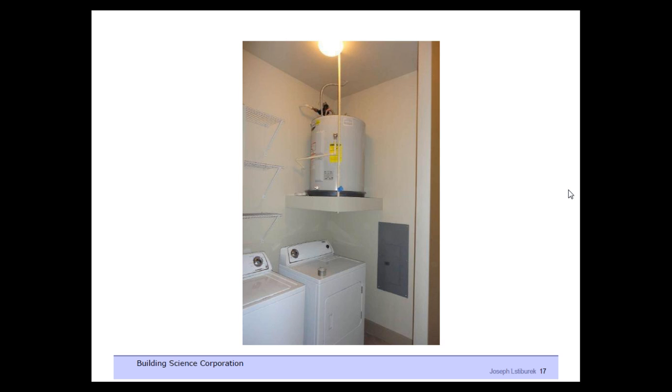Washers and dryers. I don't think people understand that you can't put a 200 CFM exhaust dryer in one of these apartments. These apartment units that are at 3 air changes per hour at 50 pascals, or 0.3 CFM per square foot at 50 pascals, go to 50 to 60 pascals negative. Basically, exhaust dryers don't work if you compartmentalize these apartments.